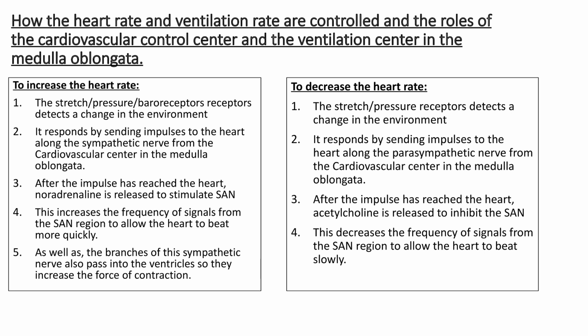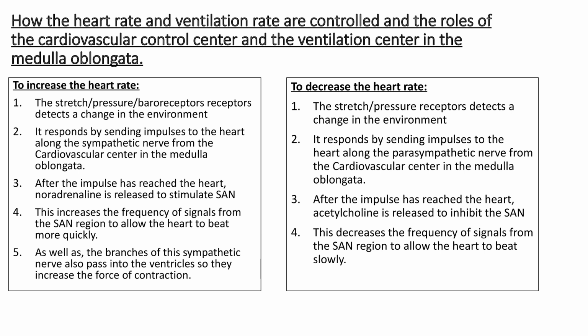So it responds by sending impulses to the heart along the sympathetic nerve, which we will read more about in topic 8, from the cardiovascular center in the medulla oblongata. It is a part of the brain. After the impulse has reached the heart, noradrenaline is released to stimulate the sinoatrial node.